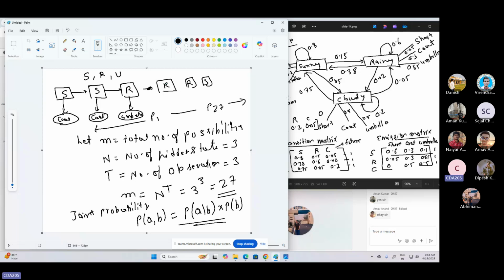So if hidden state is theta and observed state is big O, then what is the joint probability between theta and big O? That is P(O,theta) is equal to P(O|theta) into P(theta).